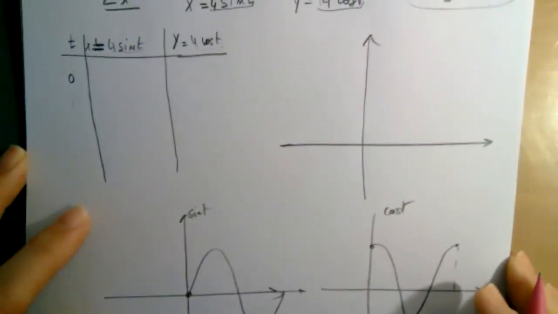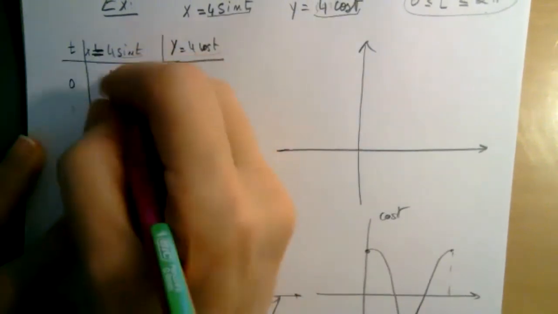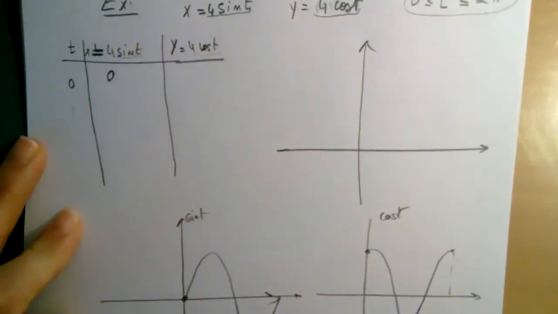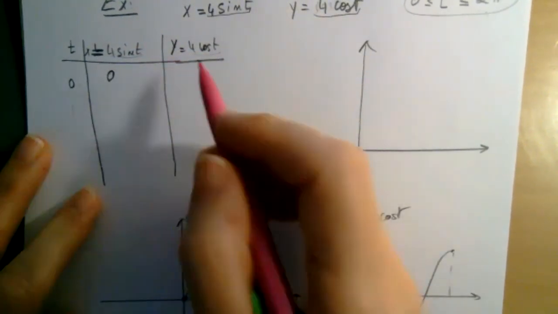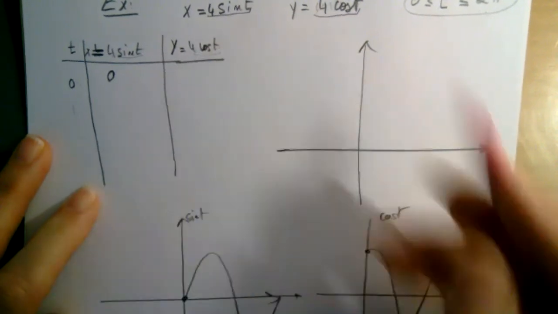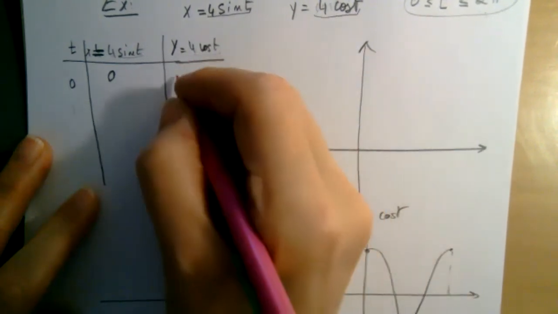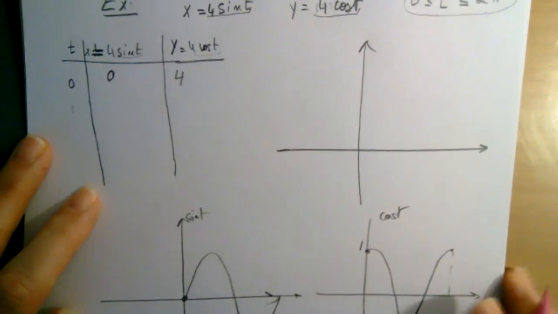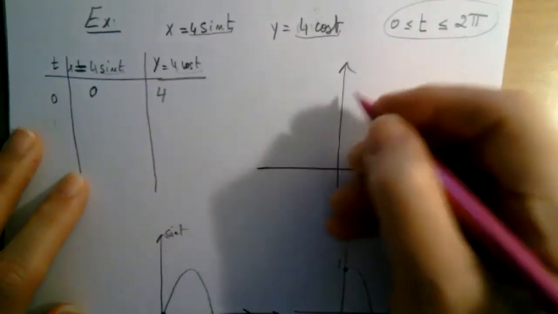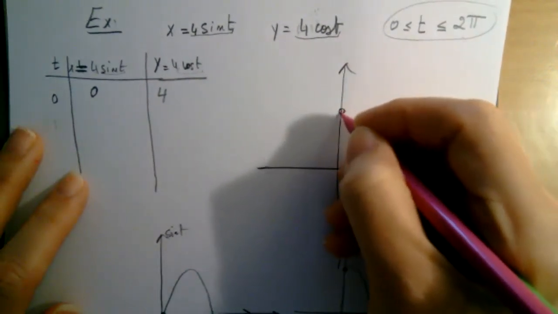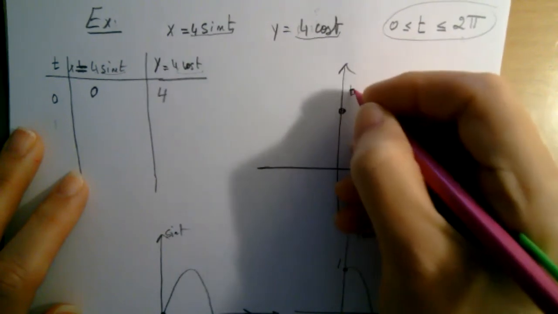So at t equal to 0, the sine is 0. The y is 4 times cosine of 0. Cosine of 0 is 1, so this is going to be equal to 4. So at t equal to 0, my graph is right here.